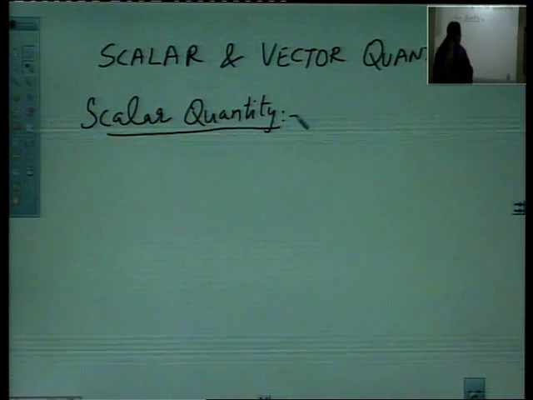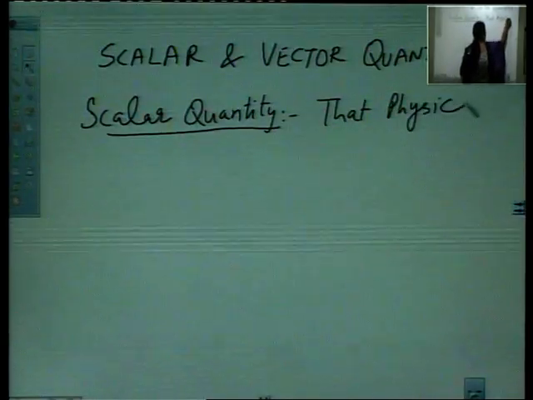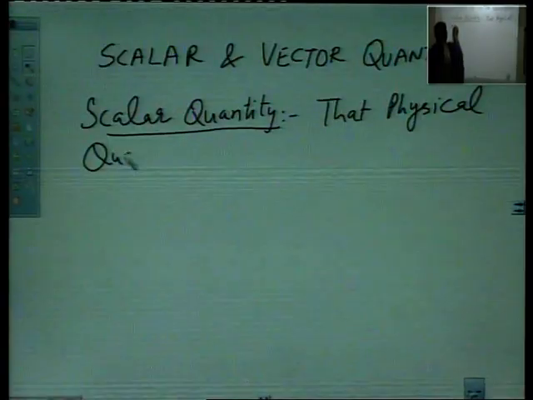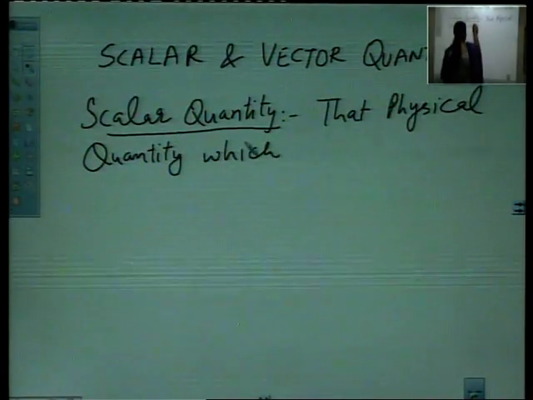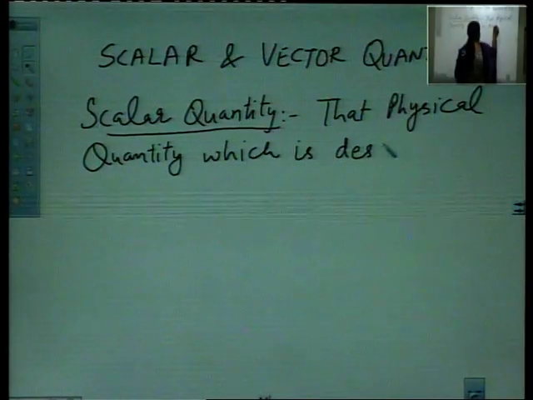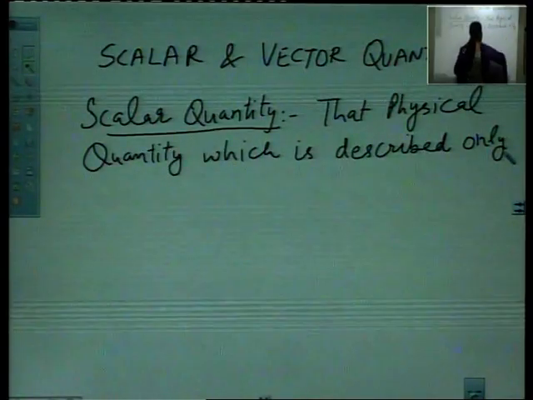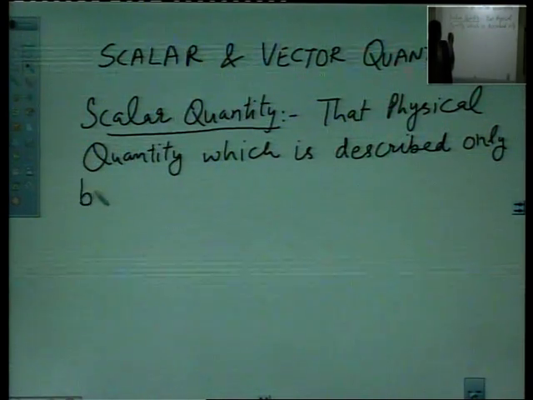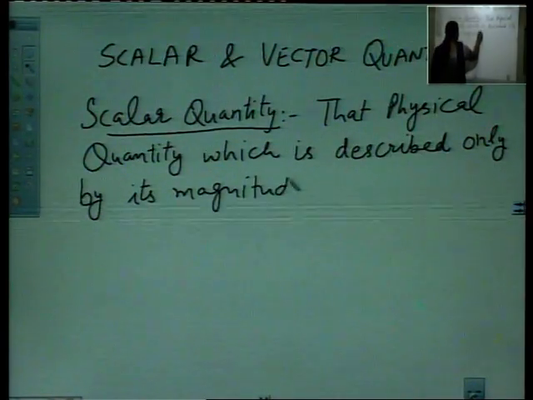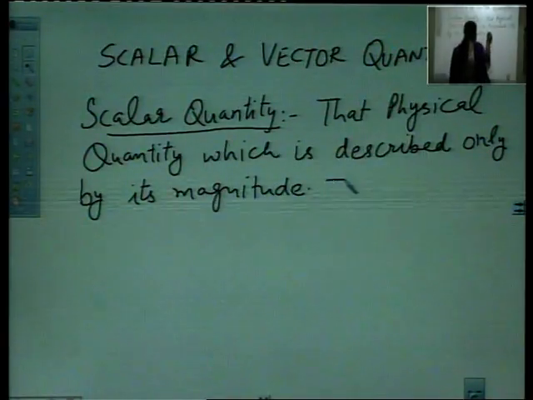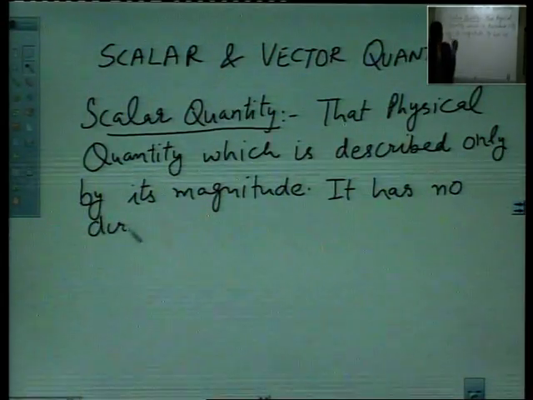A scalar quantity is that physical quantity which is described only by its magnitude. It has no direction.